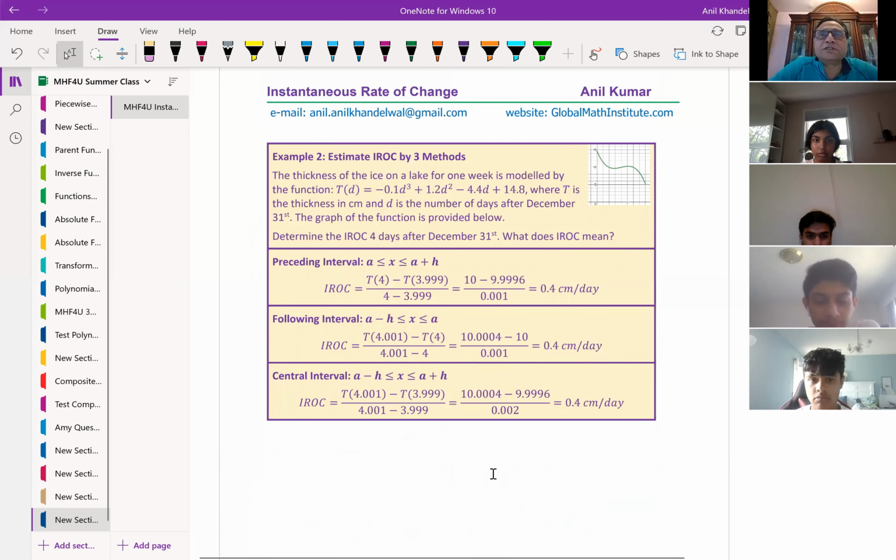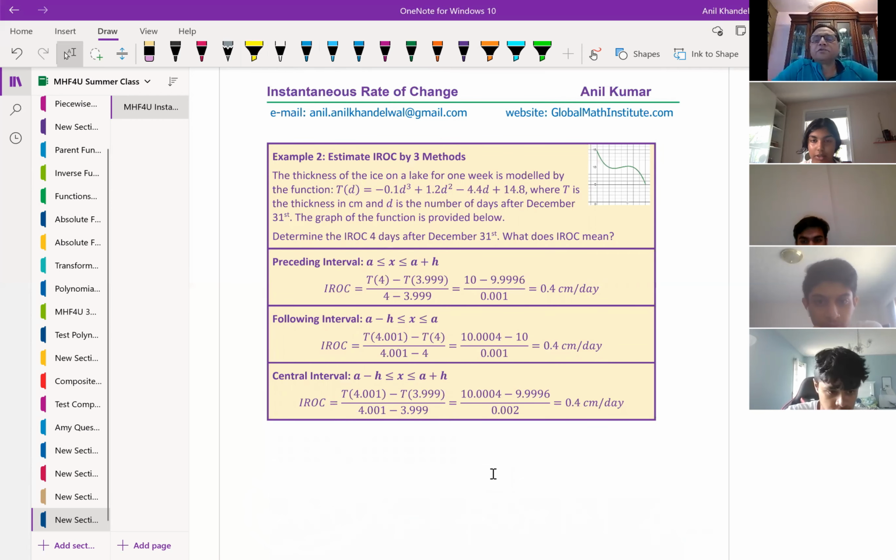Okay, now, Vishruta, I'd like you to read this example number 2. The thickness of the ice on a lake for 1 week is modeled by the function T of d equals negative 0.1 d squared plus d cubed plus 1.2 d squared minus 4.4 d plus 14.8, where t is the thickness in centimeters and d is the number of days after December 31st.